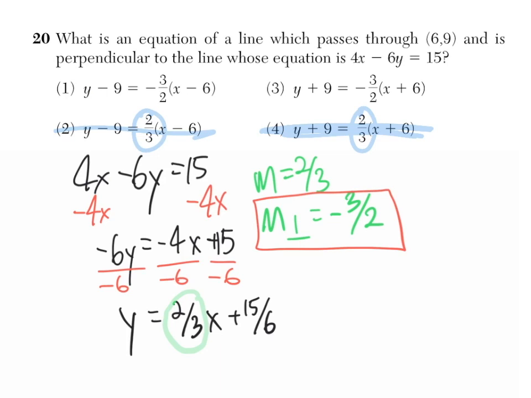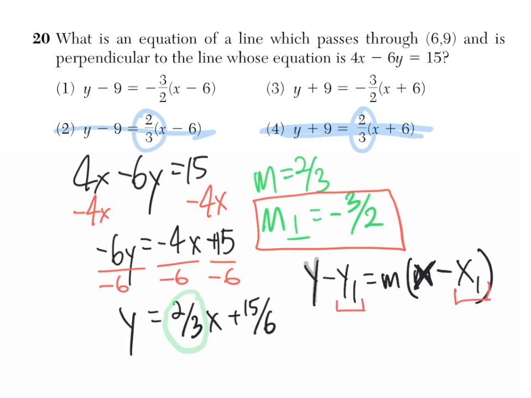And I remember that point slope form is written like y minus y1 equals m times x minus x1. Great. And so what does that mean? We're going to be plugging in the y value and the x value, and we know that we want it going through (6, 9).